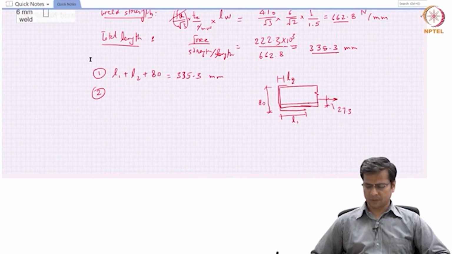So these are the locations where the loads are acting, 27.3, L1, L2 and 80 millimeters.